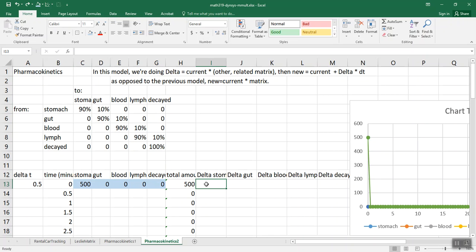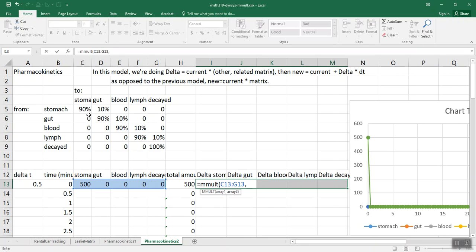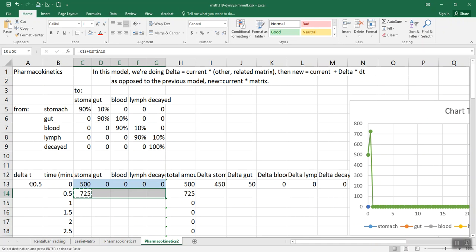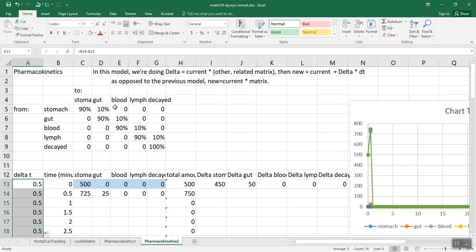I'm going to do my mult here of my current vector with my matrix, Control Shift Enter, and then my new value here is my old value plus the delta value times dt. I'm going to lock the column on that so I can paste it over here, and I'm going to fill delta t down. But we need to think about what my matrix is now.